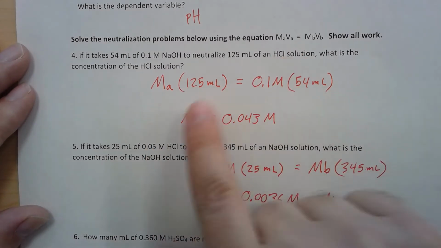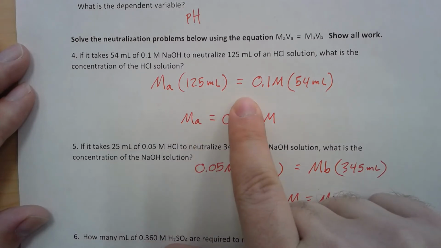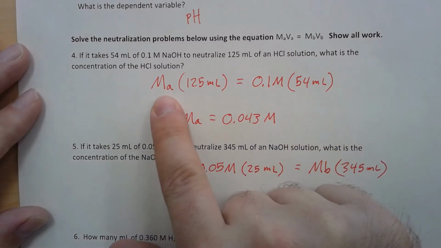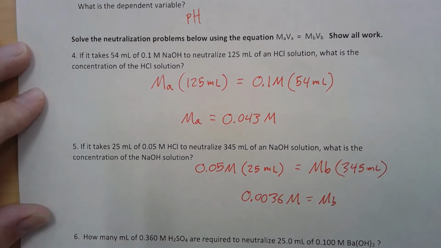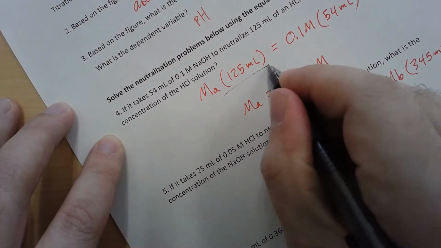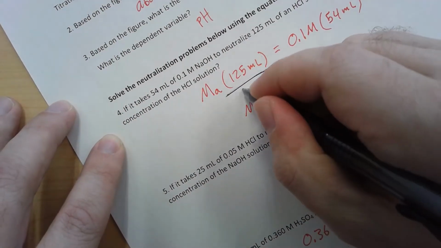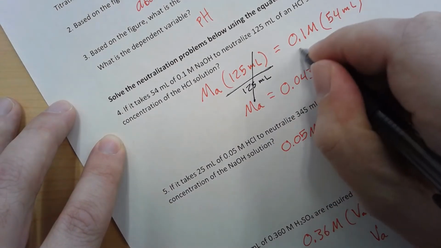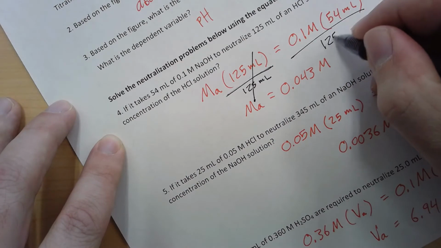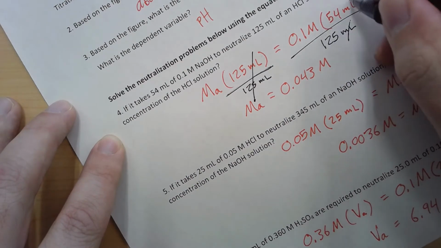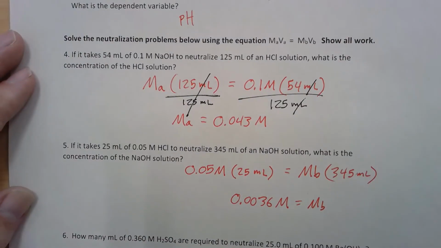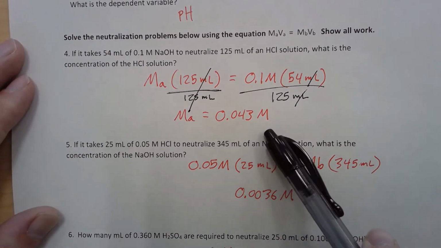Setting it up this way, we have the molarity of the acid times the volume of the acid set equal to the molarity of the base multiplied by the volume of the base. Solving for Ma is pretty simple. It's just a matter of dividing by 125 milliliters to cancel on both sides, and then you're left with Ma, which is 0.043 molar.